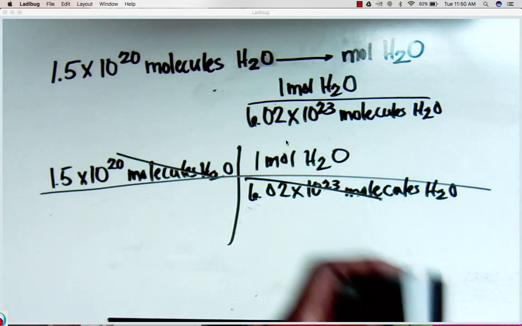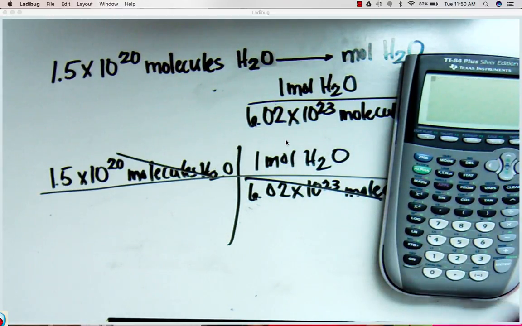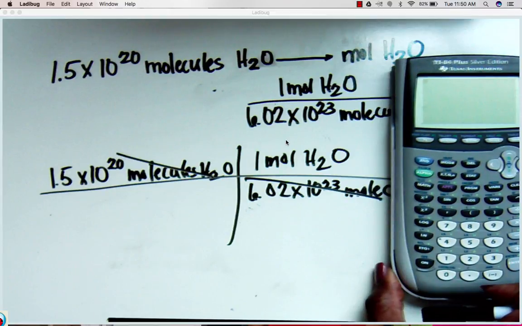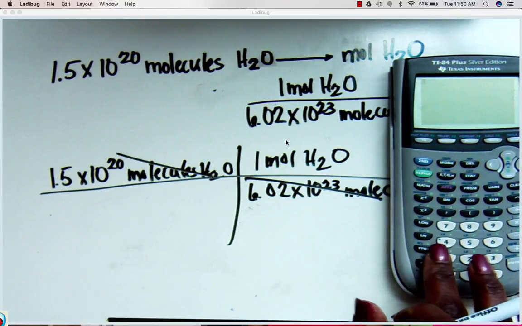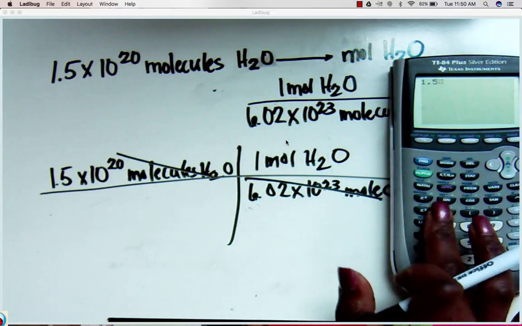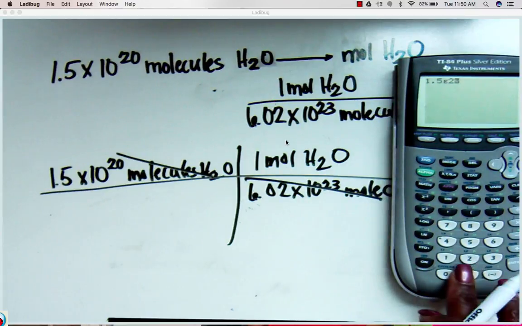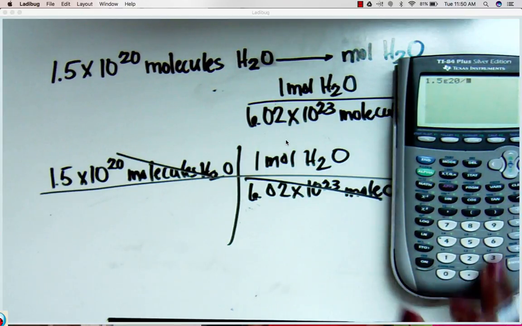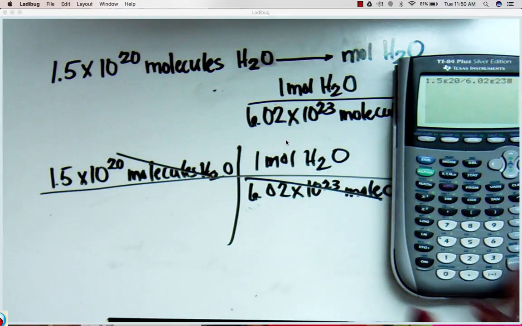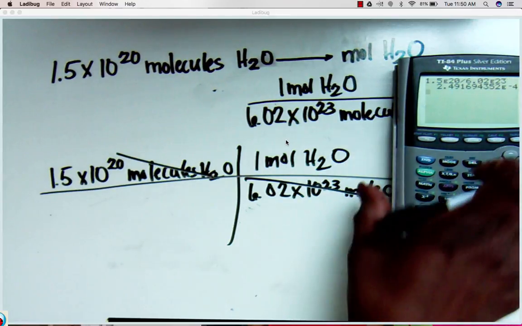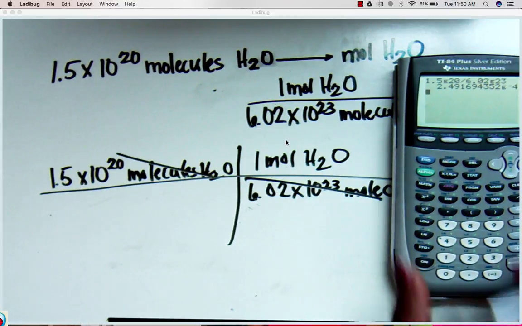In your calculator, remember what I said earlier: times 10 does not mean press the times 10 in your calculator. It becomes 1.5 EE 20, divided by Avogadro's number, which is 6.02 times 10 to the 23rd, and your final answer is 2.5 times 10 to the negative 4.